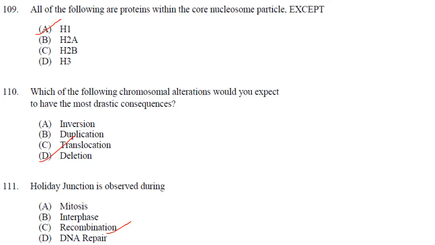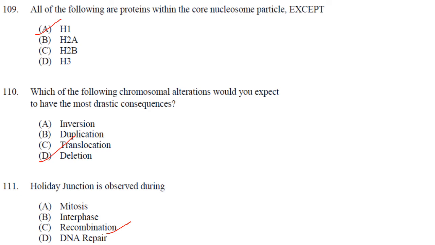You may get either a truncated protein or a protein which is non-functional. So because of all these reasons, deletion is the most drastic chromosomal alteration.